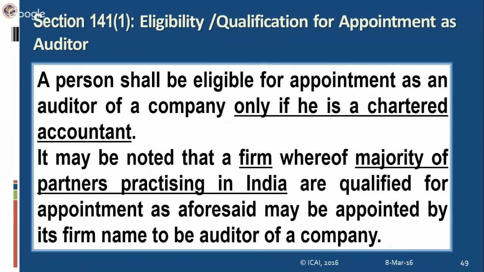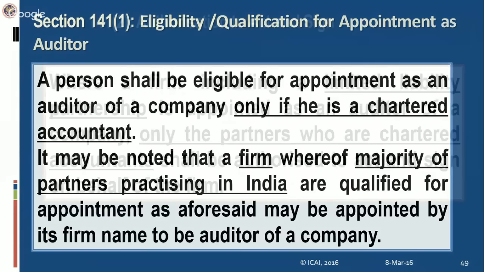In case of a firm where the majority of partners practicing in India are qualified for appointment, means they are chartered accountants, it may be appointed by its firm name. So, in case of a firm, you all know practically that the firm is appointed by its firm name.